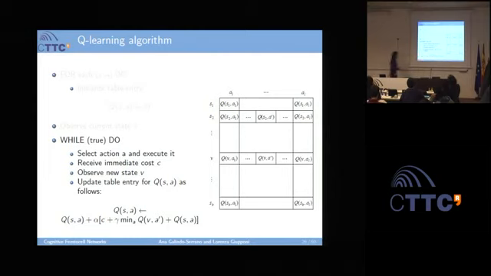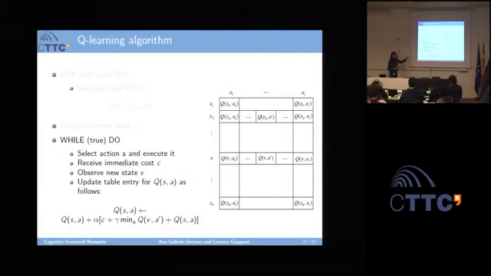We will have the old value, and we will update it based on the cost value we receive and the optimal Q value, the Q value for the optimal action in the next state. So we determine the next state, and we select the best action for the next state.